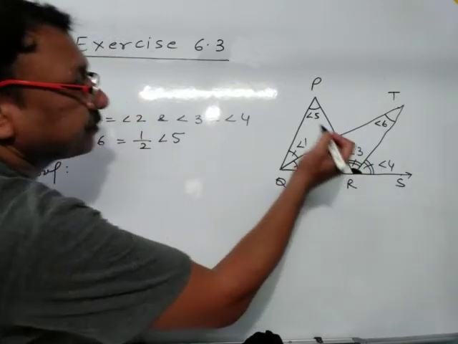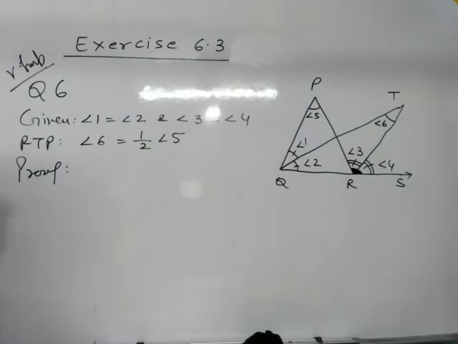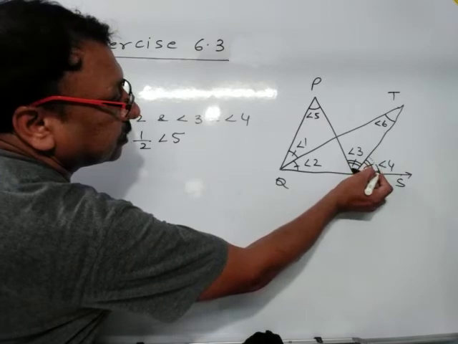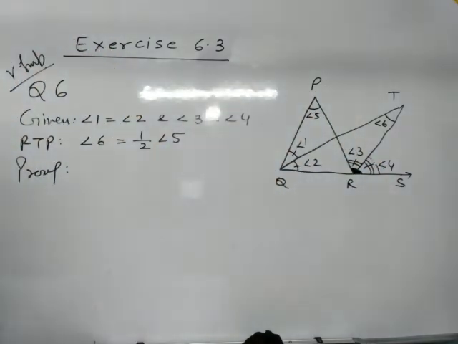And for triangle QTR, angle 4 is an exterior angle. So we will take the help of these two things, selecting the exterior angle two times.